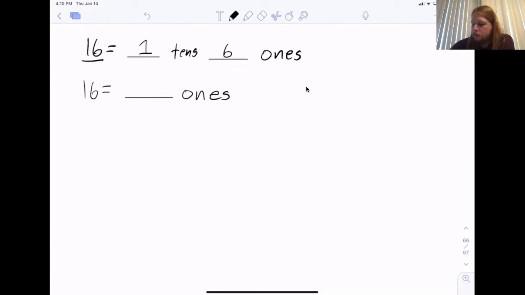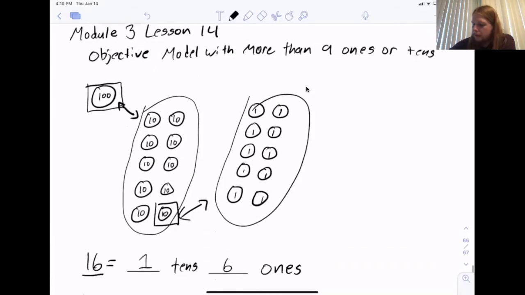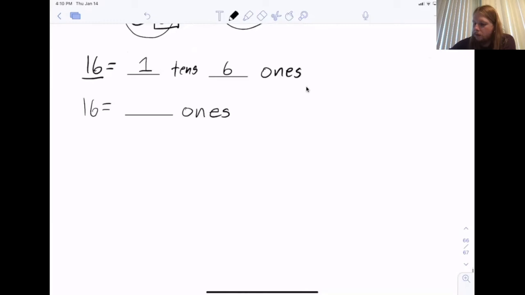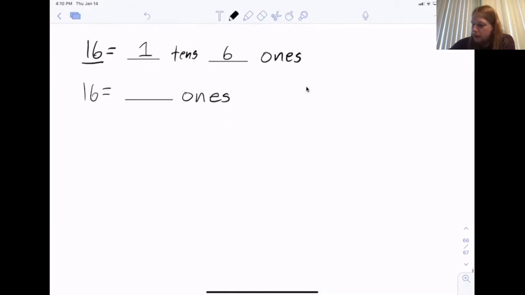Well, like I showed you earlier, a 10 can be converted into 10 ones. So let's go ahead and cash in this 10 chip and make it 10 one chips. So we're going to add 10 ones. If we have 10 ones plus 6 ones, we have 16 ones.